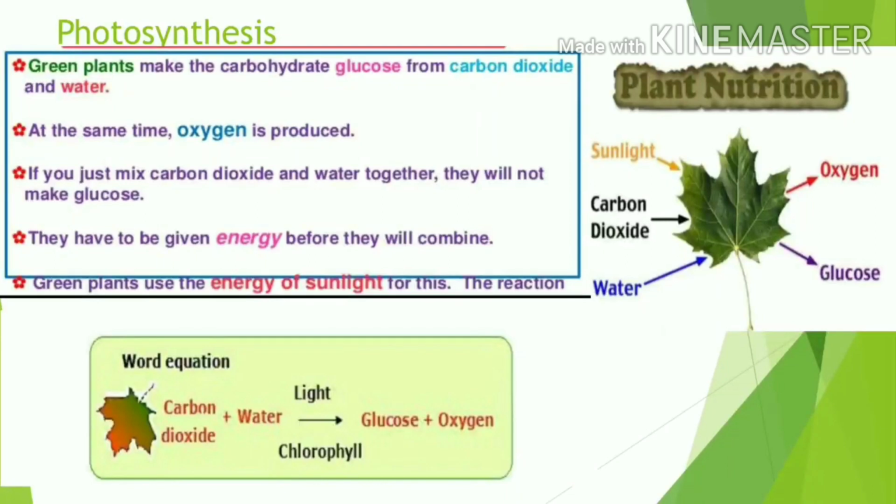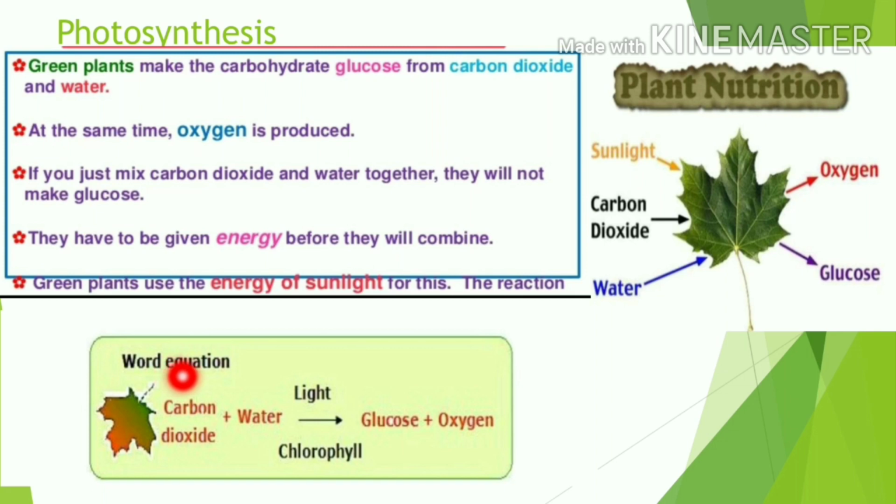So, heating or boiling is a form of energy. In the same way, they also require energy, and this energy is the sunlight. Green plants use the energy of sunlight for this reaction. This is the reaction. What happens here?